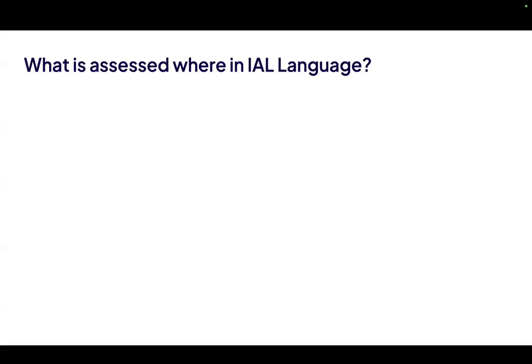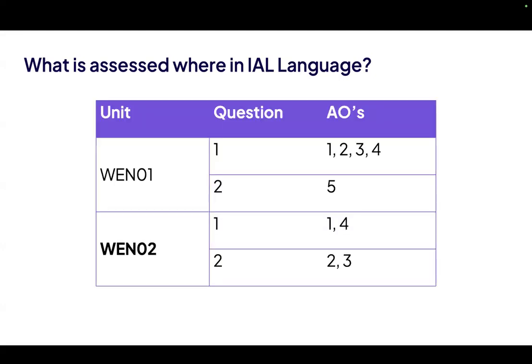Thank you, Claire. So what is assessed where in international A-level English language? I gave this table on Tuesday when we were looking at paper 1, the WEN01, but today we're focusing on the bottom half there, WEN02, which is paper 2. And you can see that there are two questions, as always.